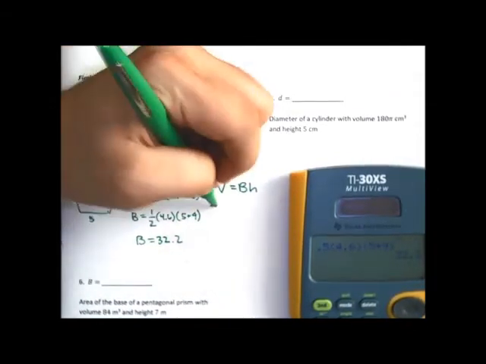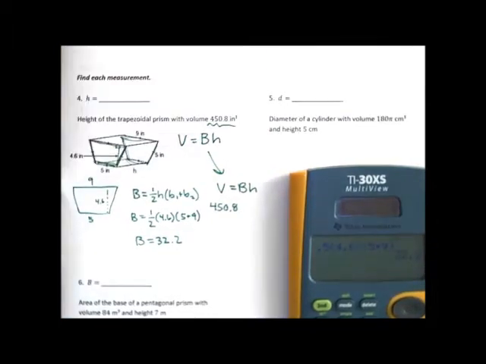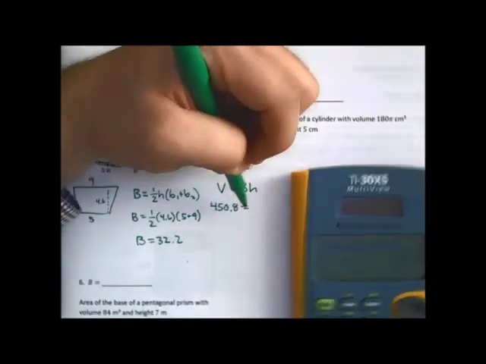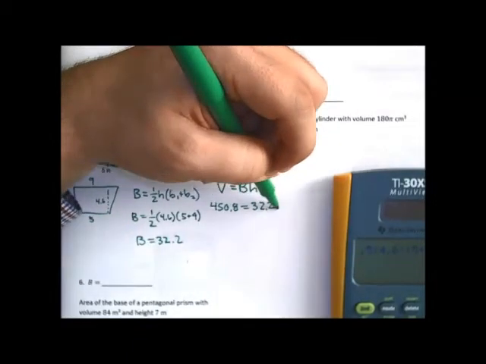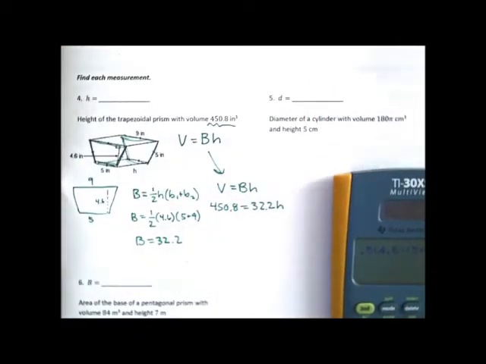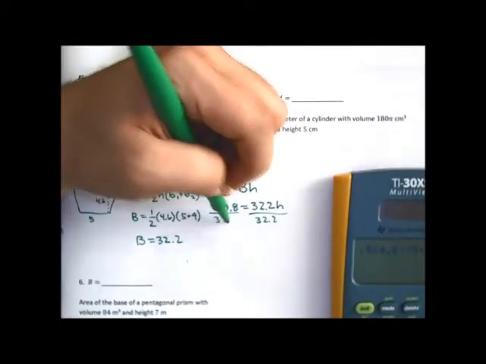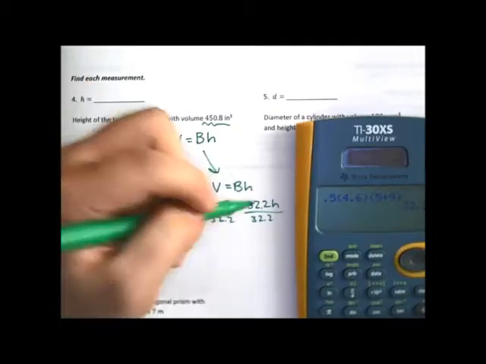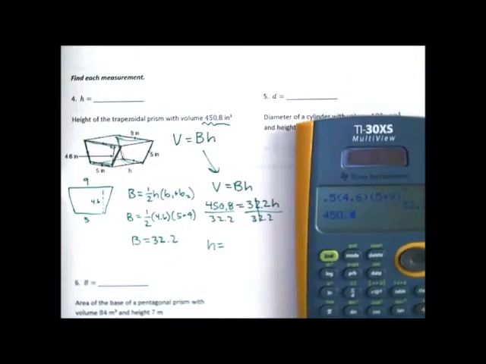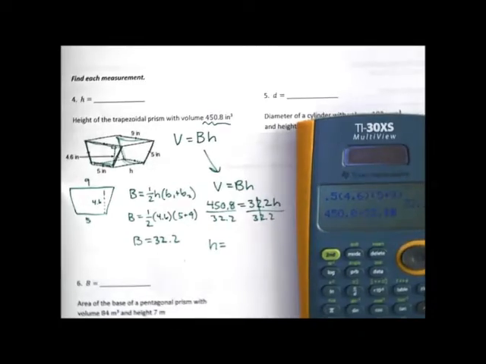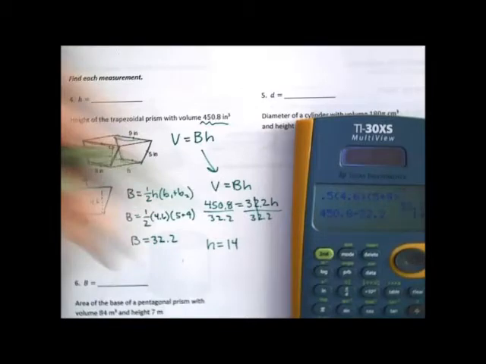So now I plug in 450.8, because that was the volume that they gave me, and I knew the base area was 32.2, and I'm solving for H. Alright, hopefully we all understand and see that this is a simple division. H will equal 450.8 divided by 32.2, and we get a height of 14 inches.